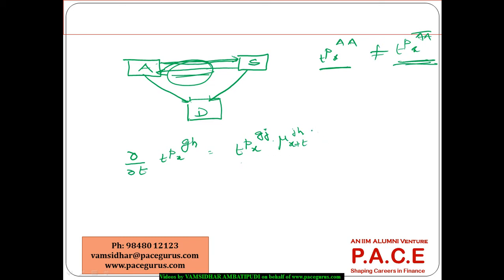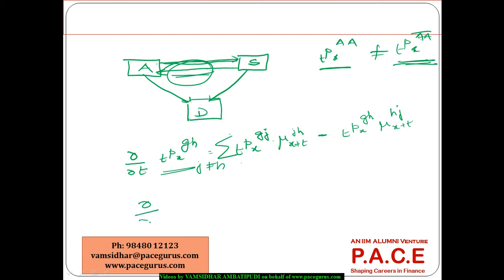That is for j not equal to h, I am doing the summation, and it should not return back, which means TPX gh has already reached the state h, and from there it is returning back to some other state j. Those probabilities we are taking out. So this would be the typical formula for dou by dou t of TPX GH.